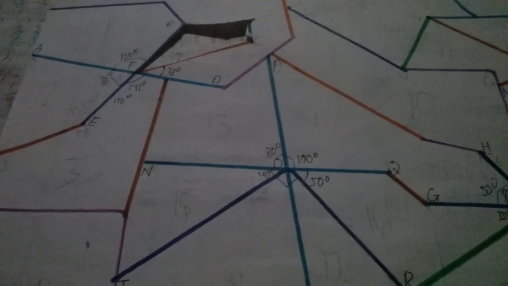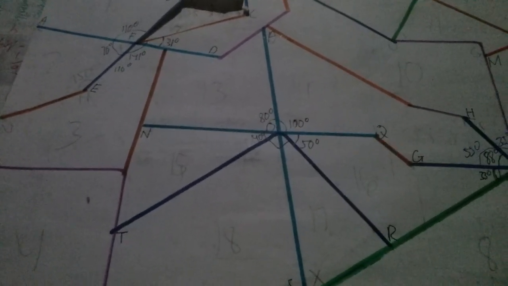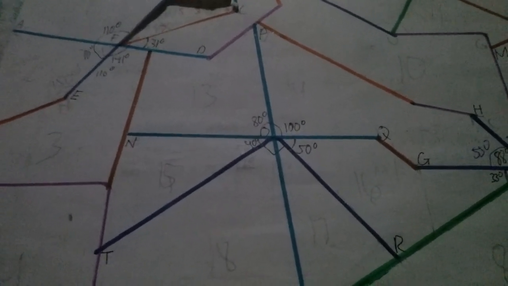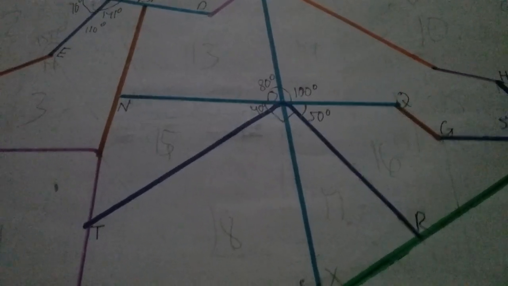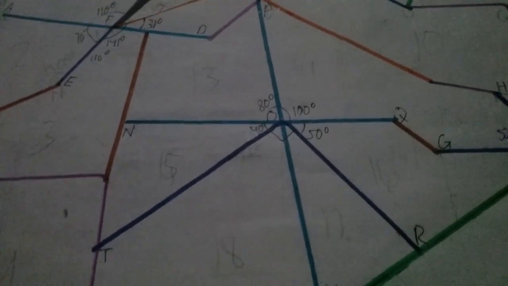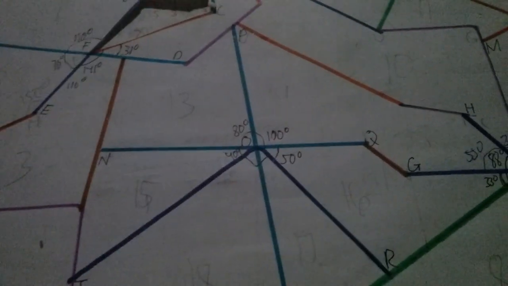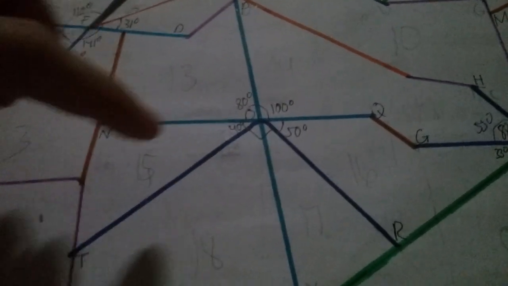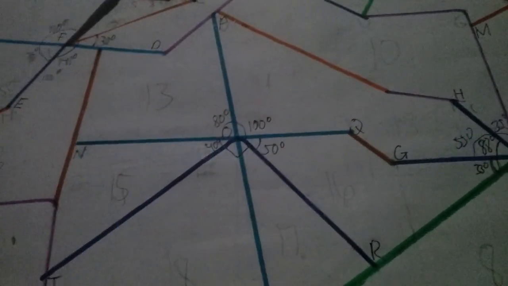Now let's go to the others. What about angle TOQ, which was the literal one? So angle TOQ. What is the measure of angle TOQ? Actually, you can get two answers. You know why? Because angle TOQ, which is this one, can be either of two things: this one, the reflex angle, or this one.